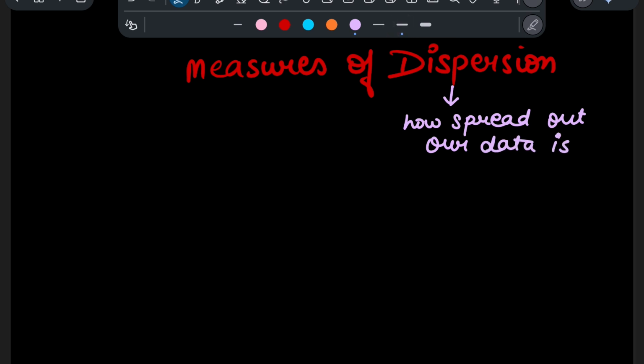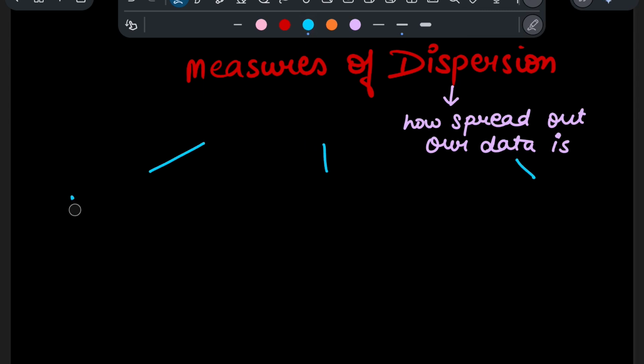So talking about the variance first. There are basically three types of measures of dispersion, which are the variance, the standard deviation, and the interquartile range. And we would be talking about that in detail. So let me write these three terms first, so you are not confused.